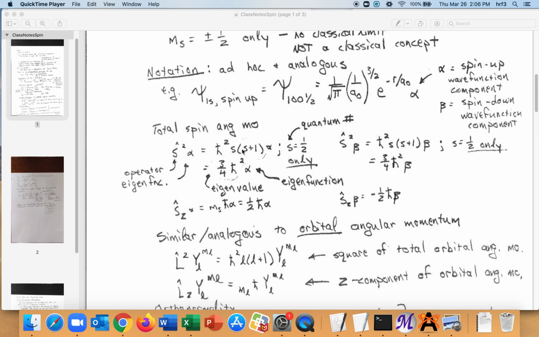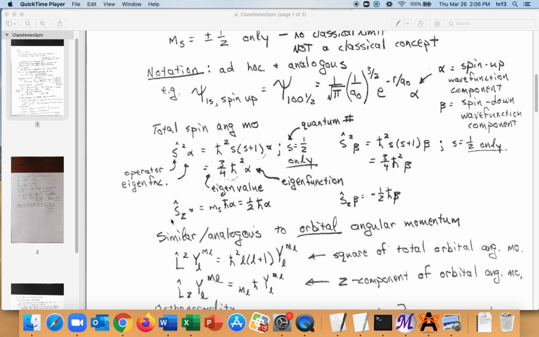So we have the spin quantum number s times s plus 1 times alpha. And our spin quantum number can only be a half. And that's the magnitude of the spin angular momentum quantum number. So when you plug it into the equation, you get 3/4 h bar squared alpha. Similar with spin down, still s is a half.